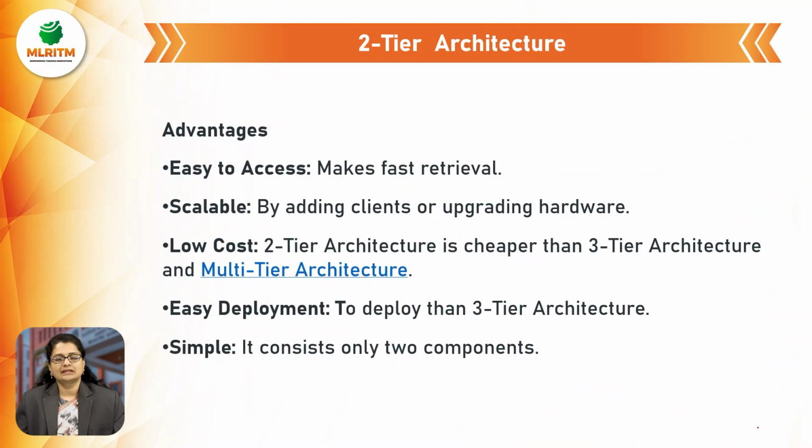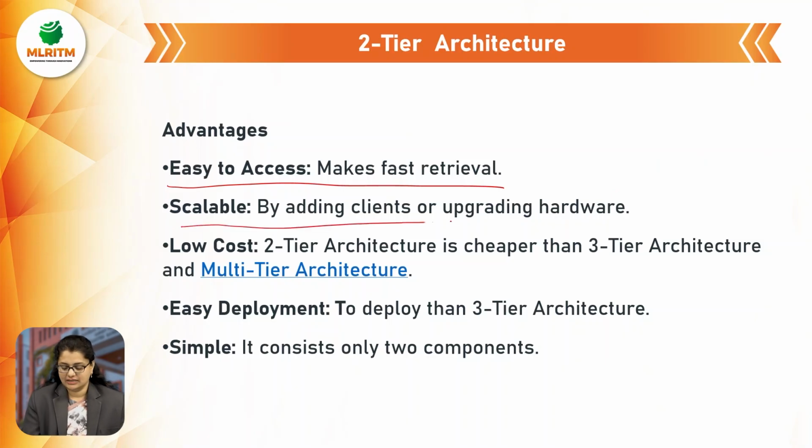Now, what are the advantages of the tier 2 architecture? Easy to access, makes fast retrieval. We can quickly retrieve the data from the databases. And scalability, by adding clients and updating hardware. Here we have to add some hardware to the system.